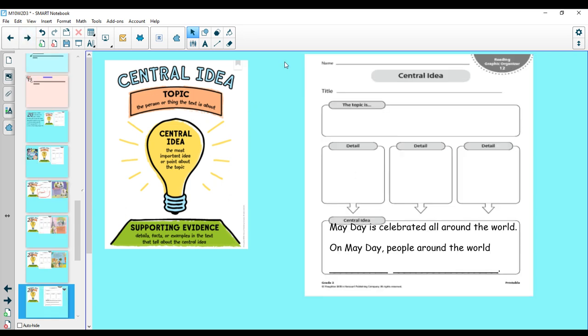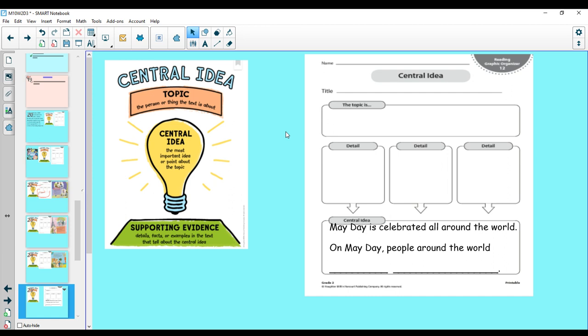All right, here is the last part. The whole objective for today is to identify the central idea. So far, we identified the topic. We know that the topic of this story is May Day around the world. Throughout this entire story, we've read about how people in different cities celebrate May Day.